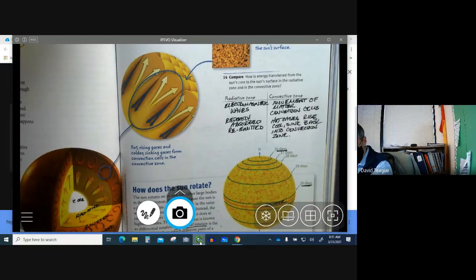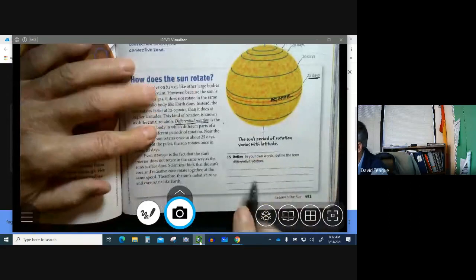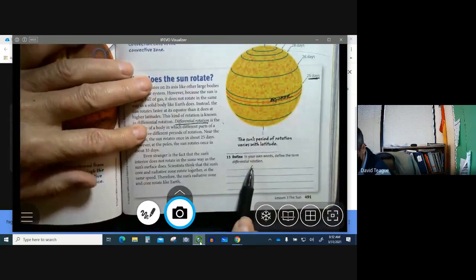Okay, number 15. At the bottom, we have, in your own words, define the term differential rotation.